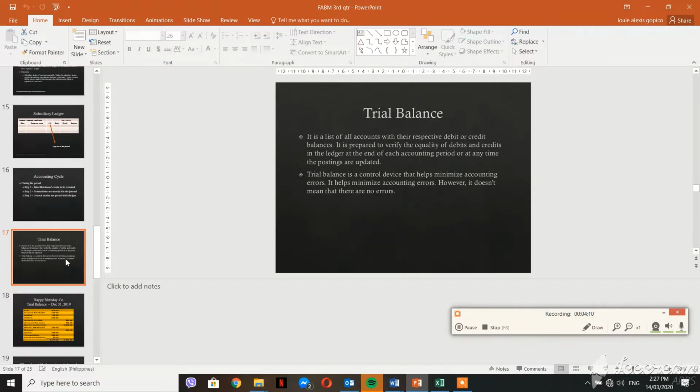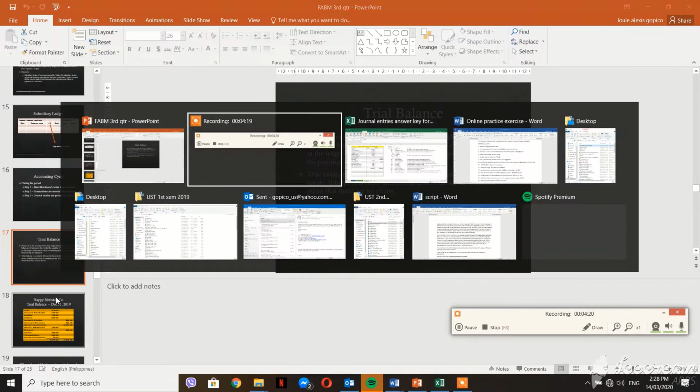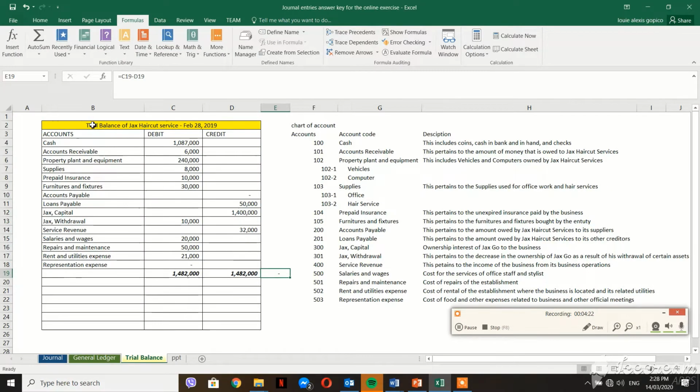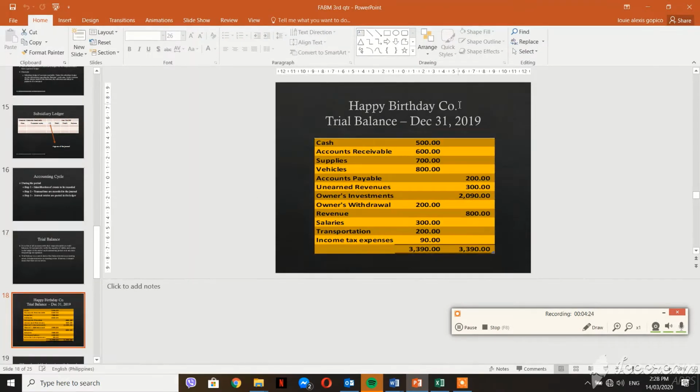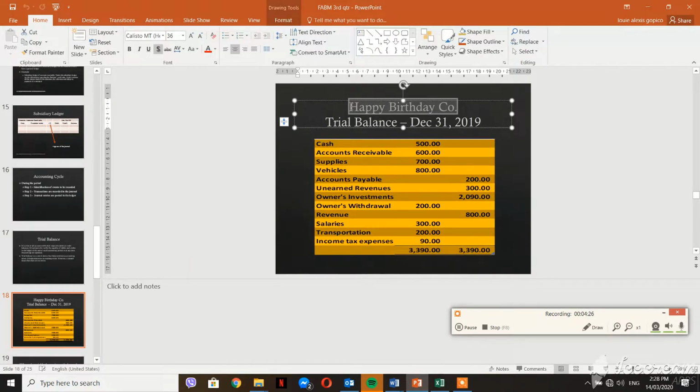Okay? So, trial balance is prepared, okay, on a separate sheet of paper. So you have to indicate the heading. Okay? In this example, our heading is Happy Birthday Company. Okay? And then you write the title of the report. So it is a trial balance and the date, December 31.